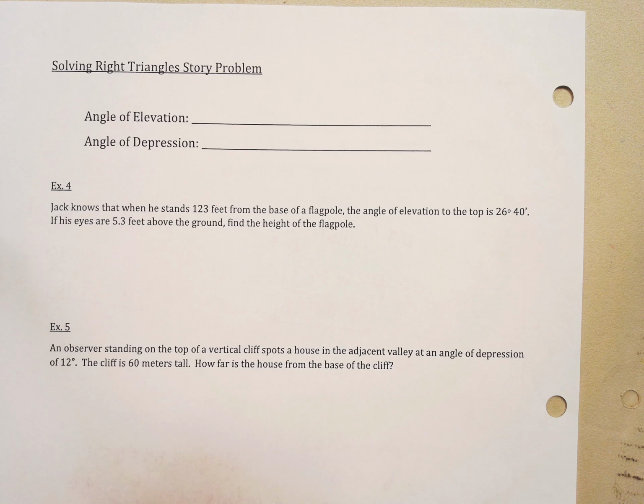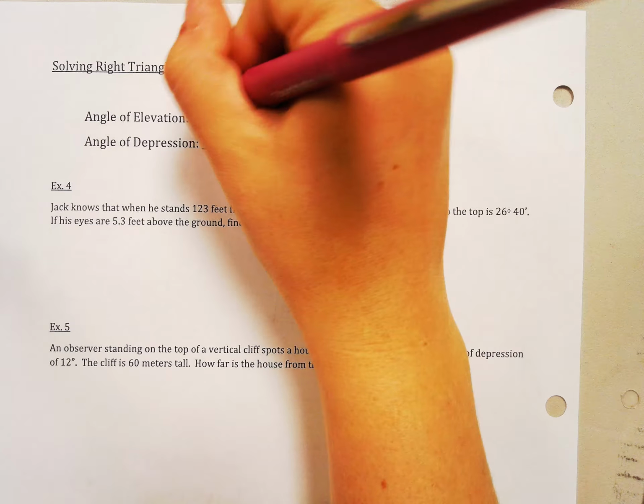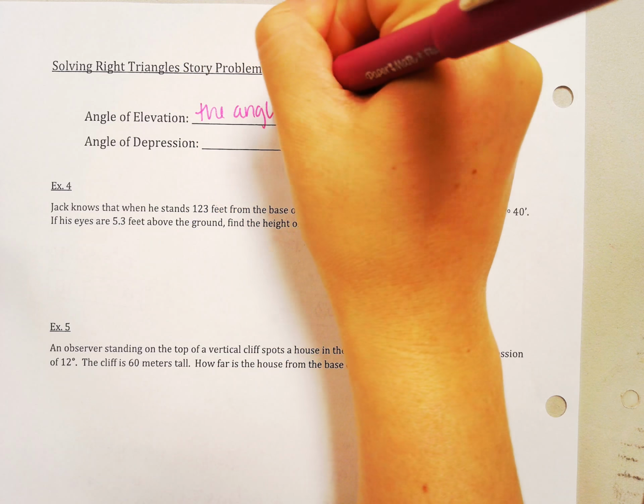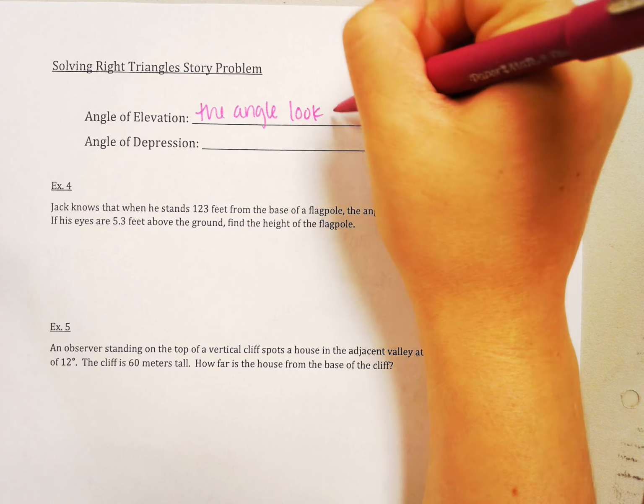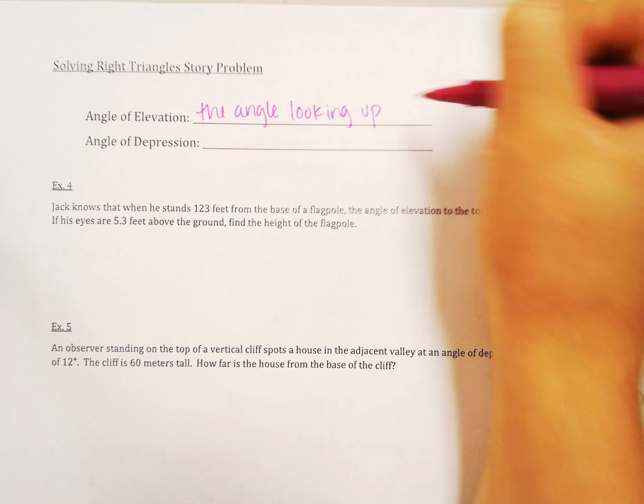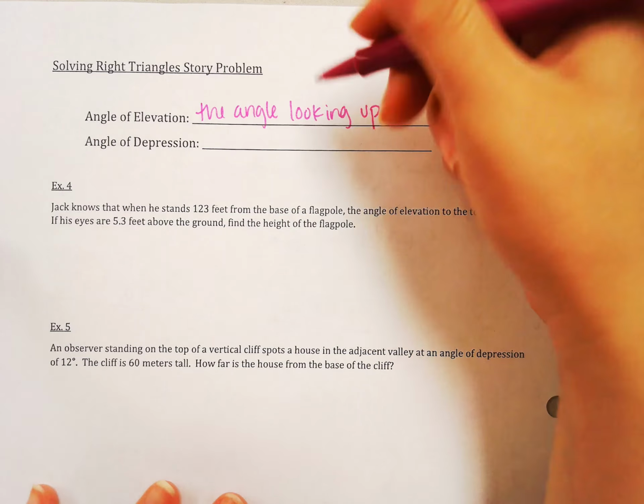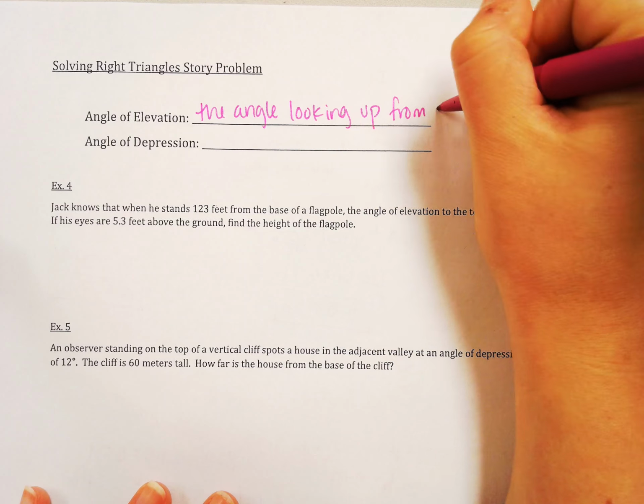Okay, so then the last little bit is looking at a story problem and developing with the angle of elevation and the angle of depression. The angle of elevation is the angle, and I'm going to make this as general as possible, the angle looking up from a horizontal line.